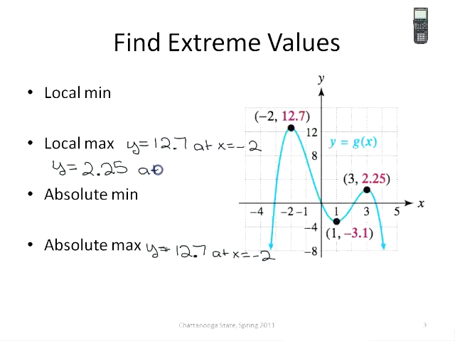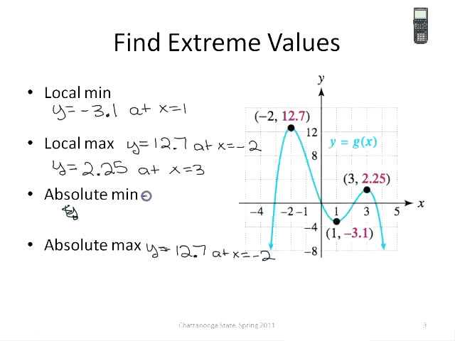And it is occurring at the x value of 3. Now, the valley I have is this point down here. My local minimum is -3.1. And it occurs at x equals 1.